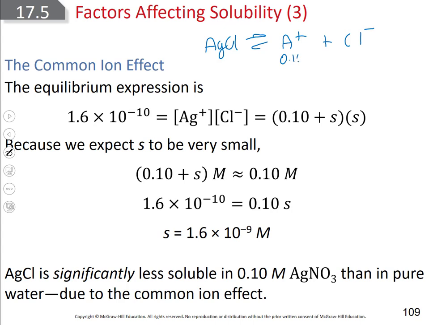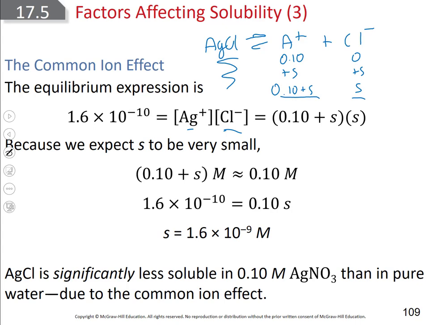So now we're starting with 0.1 molar, nothing of that, plus S, so our equilibrium is 0.10 plus S and S in our ice table. And again, we ignore the silver chloride because it's solid. So that's where the 0.1 plus S times S comes from. Silver ion times chloride ion. Silver ion is 0.10 plus S, and then the chloride ion is just S.